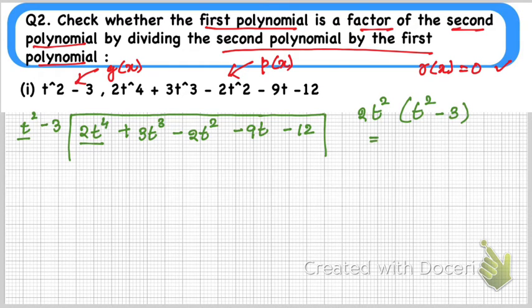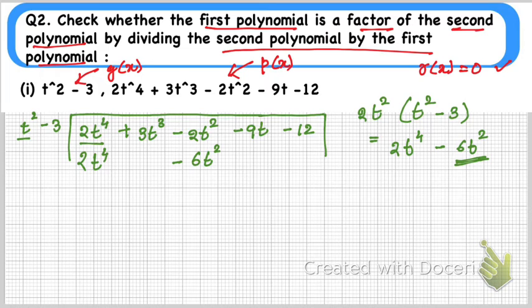I will do the rough work over here. This will give you 2t to the power 4 minus 6t square, right? So here I will write 2t to the power 4, and the 6t square at the bottom of the t square term.